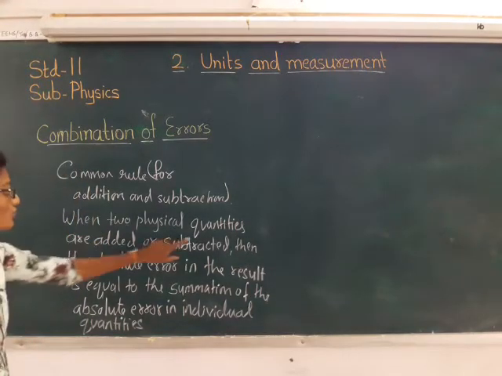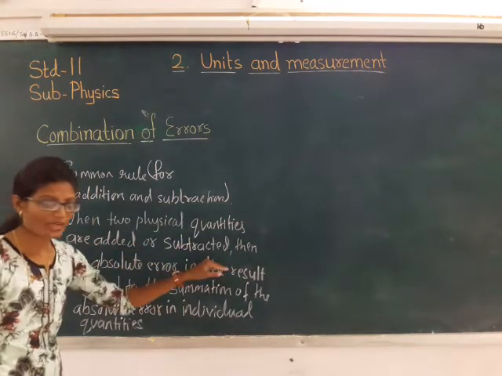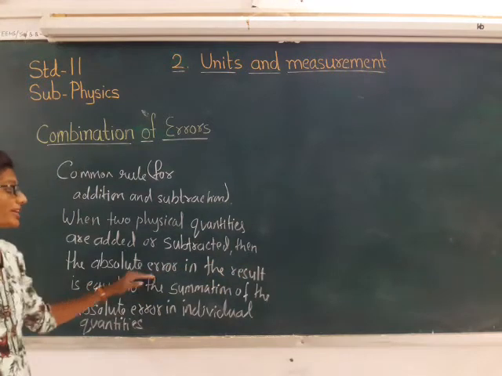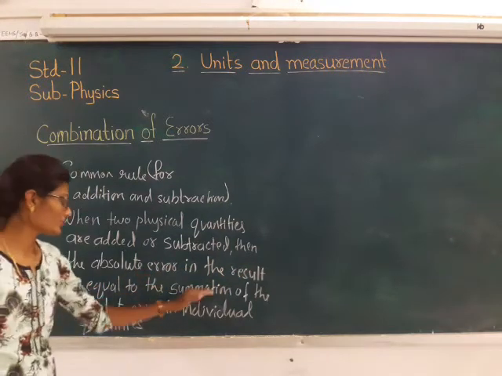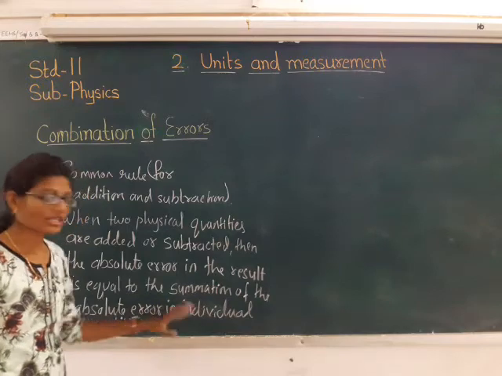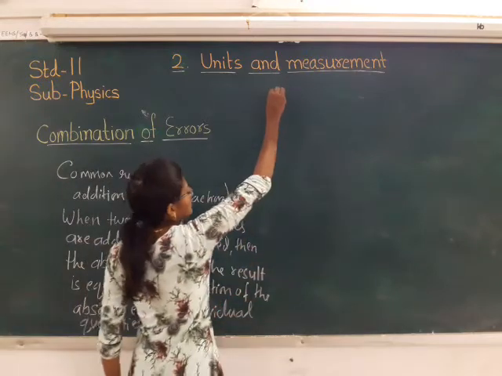For addition, when two physical quantities are added or subtracted, then the absolute error in the result is equal to the summation of the absolute error in the individual quantities.